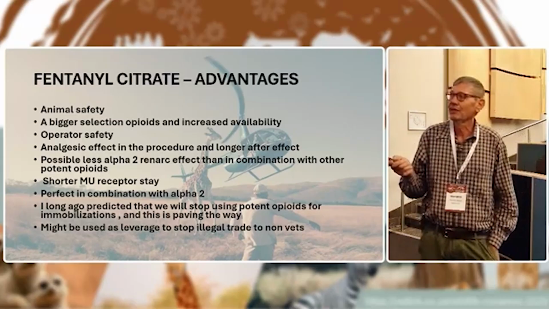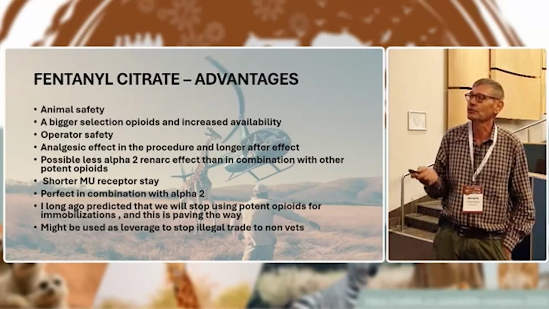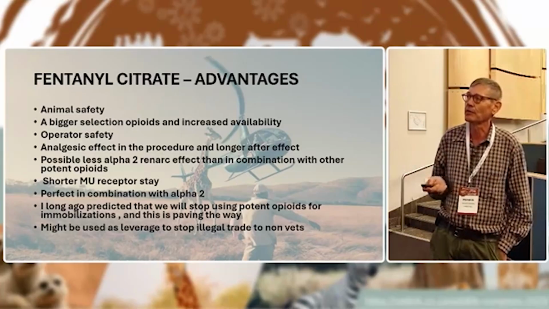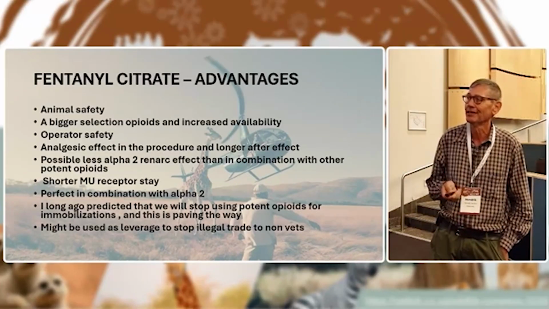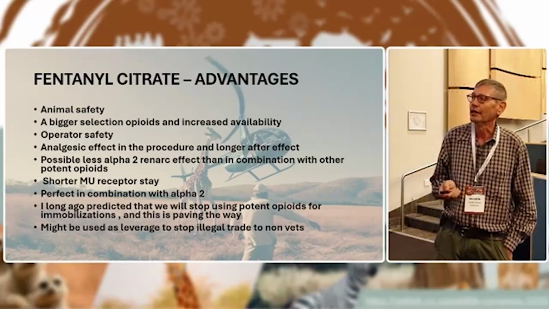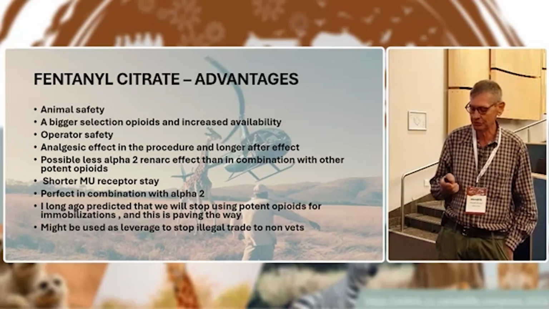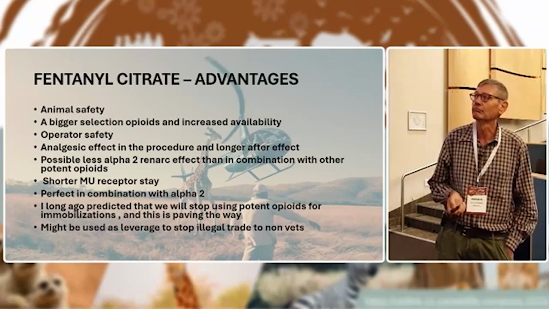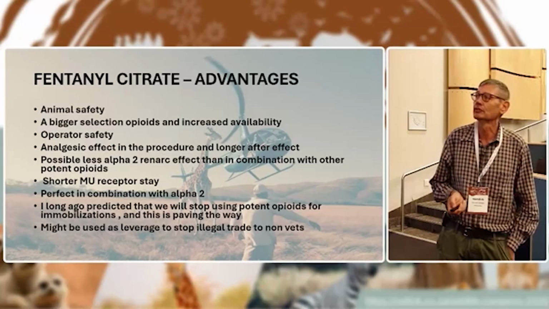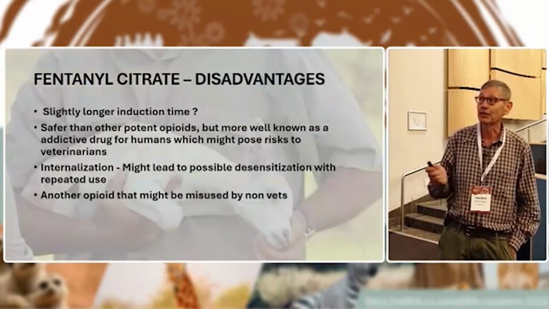I long ago predicted that we will stop needing potent opioids for immobilization, and I think this is paving the way, and it also might give us some leverage to stop illegal trade of drugs to non-vets, but we'll get to that.